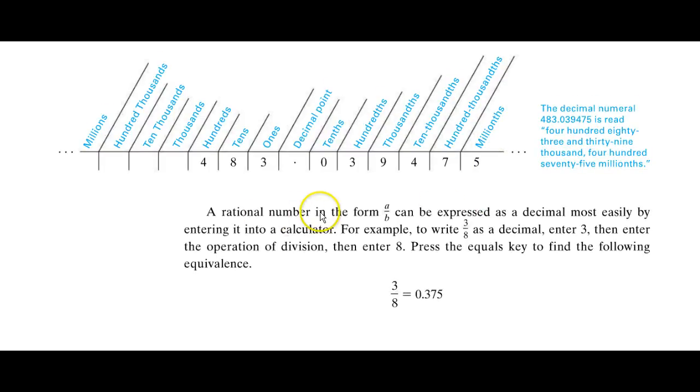Now, rational numbers in the form of A over B, which is our form of a fraction, can be expressed as a decimal most easily by entering it into the calculator. Put that into the calculator, hit equals, and you get this. So this decimal is this fraction.